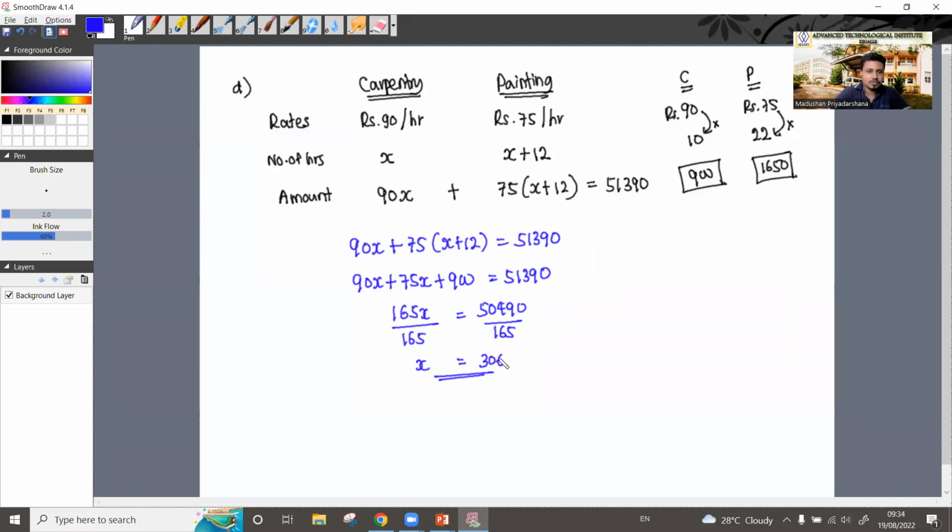Right. But this is not what they have asked for. We are not asked to find x. What are we asked? The amount to be allocated to the carpentry department and the amount to be allocated to the painting department. So this is a common mistake most of you make in exams. If you have come to this point, it means you know the procedure and its application, but you have not answered to the point.